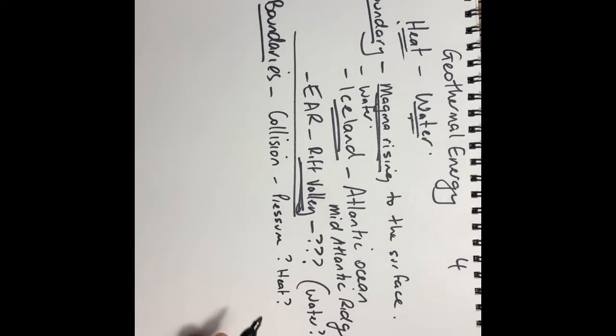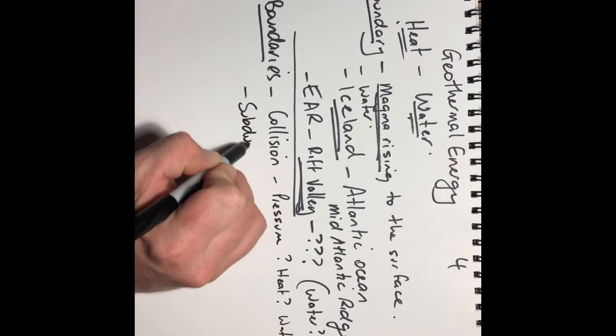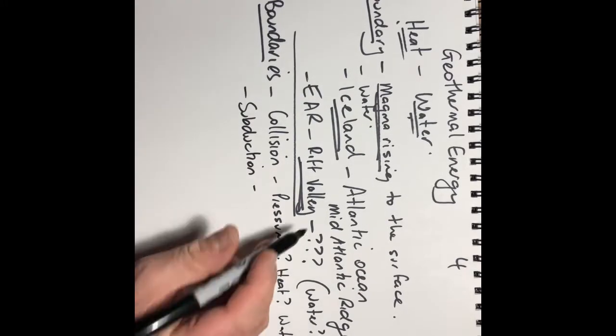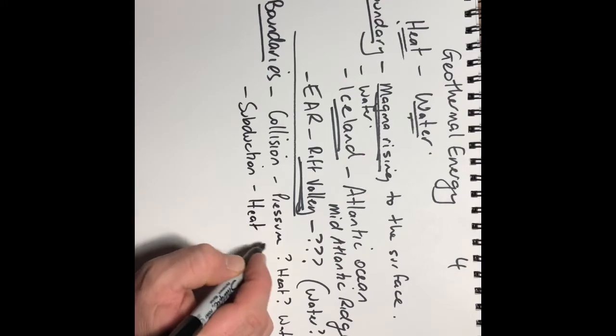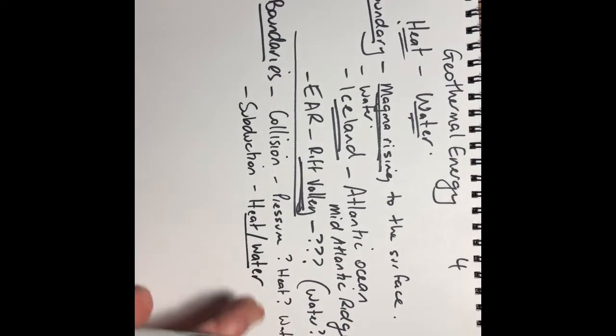It's probably at a depth that's far too deep for us to access, and also there's very little water. Subduction boundaries, they do have heat and water. So they're a location that might be useful.